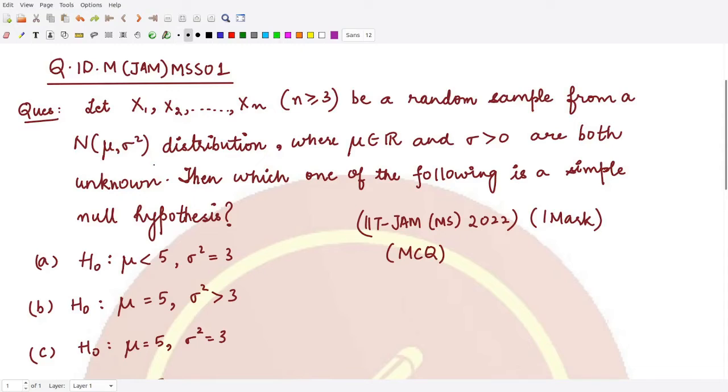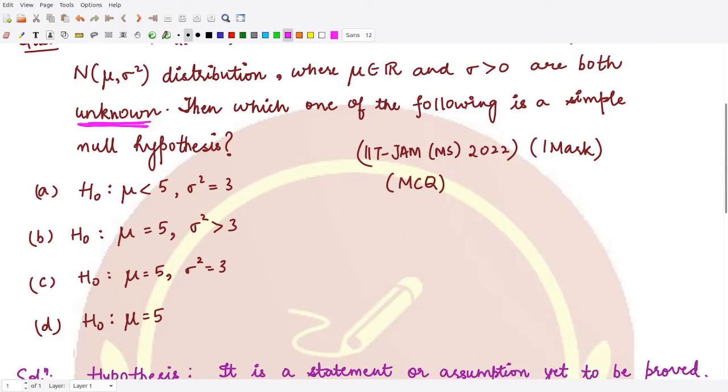So these things are given to us. So they are saying here this mean is some real quantity and the standard deviation sigma is positive, and both of them, mean and standard deviation, are unknown, right? So this is important. Now they are saying which one of the following is a simple null hypothesis.